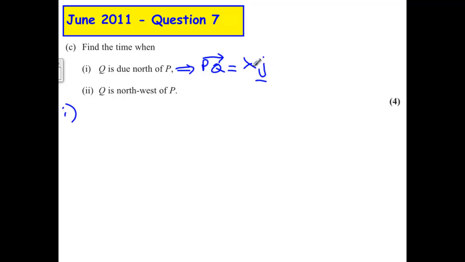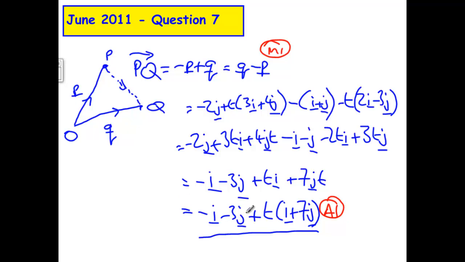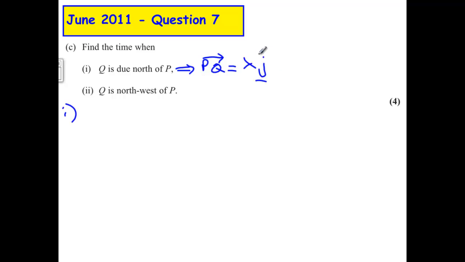Essentially, lambda is just a constant, and I know that because it's due north, it's straight up, then that has to be equal to some constant times j. In other words, we can't have any i component of this vector, because that would mean that the vector is going slightly to the left or slightly to the right, which obviously would not be due north. So what I'm going to do is take my expression from part B, part 3, down here. That's my expression for PQ, and I'm going to set that equal to lambda j.